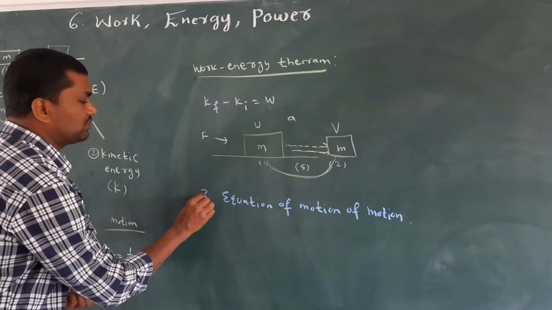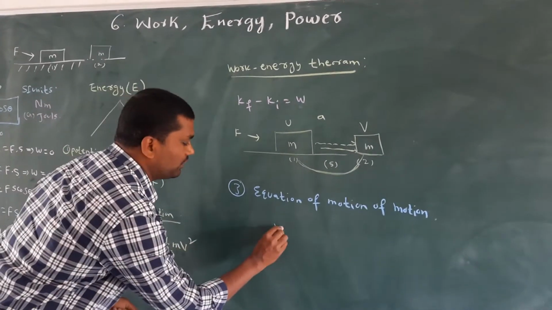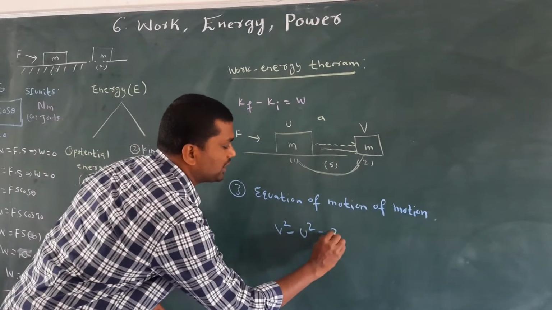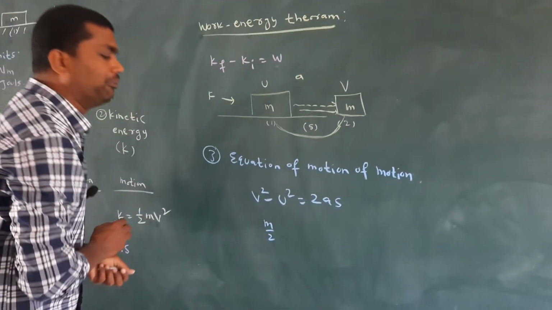The equations of motion are three. I can take the third equation of motion. So what is the third equation of motion? v square minus u square is equal to 2as. So multiply on both sides with m by 2.